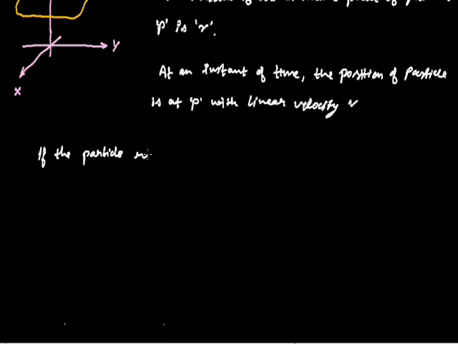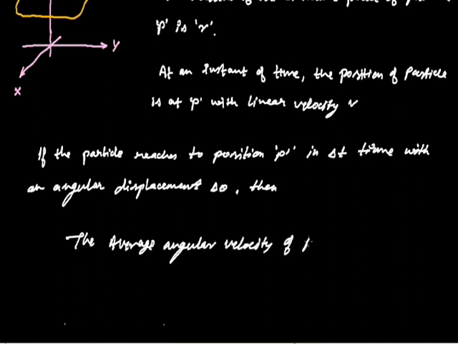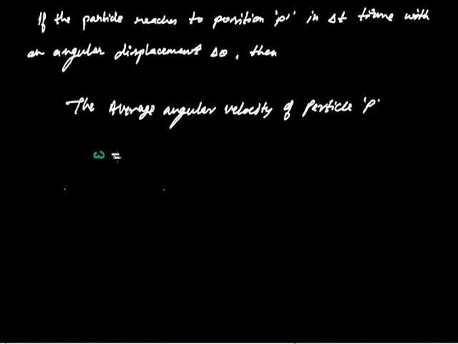If the particle reaches position P dash in delta t time with an angular displacement delta theta, then the average angular velocity of particle P, omega, equals delta theta upon delta t.